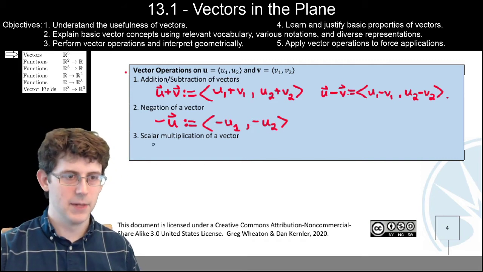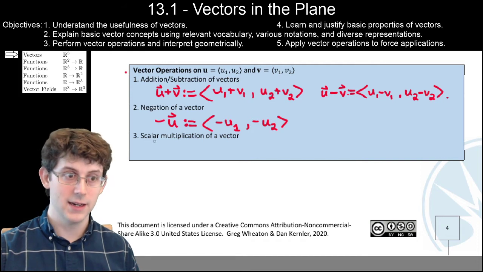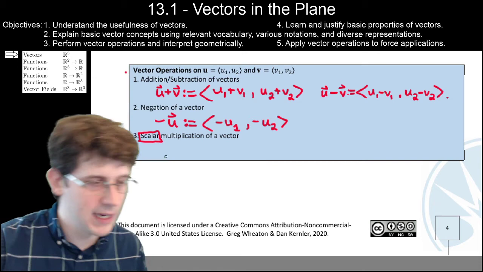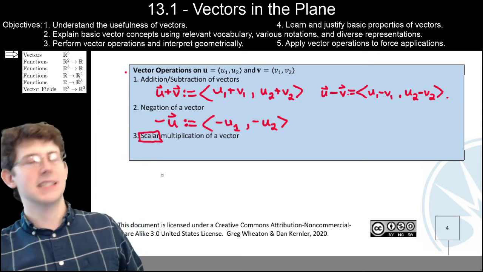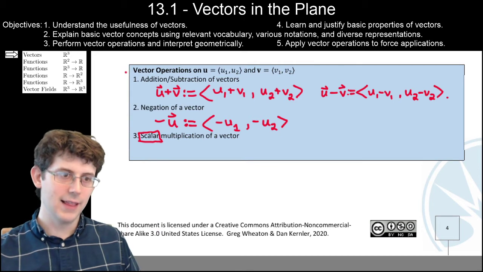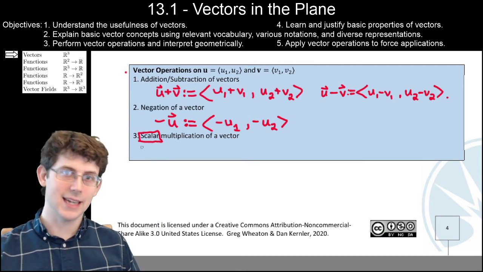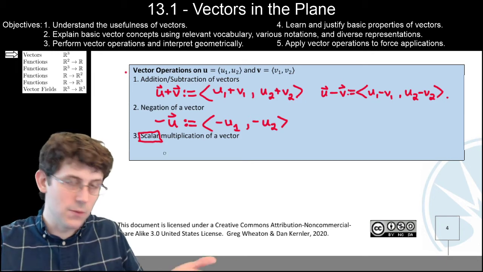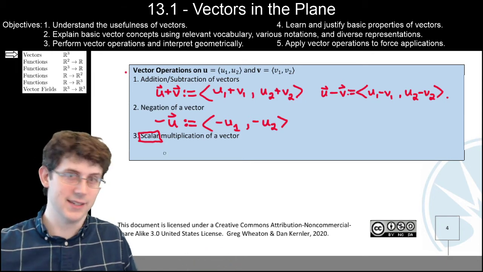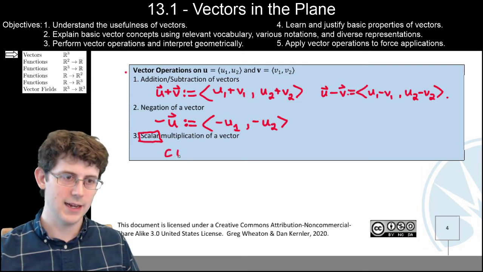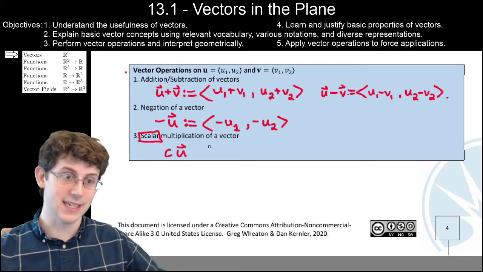Similarly, you can multiply a vector by a scalar, a number, and this is where the word scalar comes from. And I hope you're paying attention, because these words come back over and over, and a lot of people make it through all of physics and calculus not realizing why we renamed number to scalar. This is why. If you multiply a vector by a scalar, it scales it up.